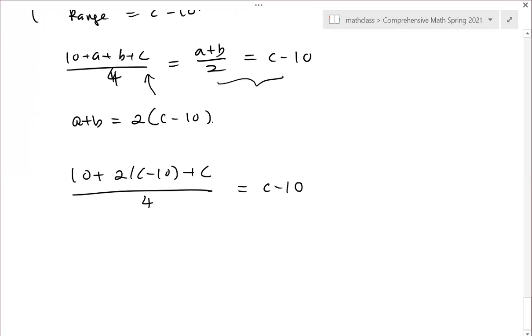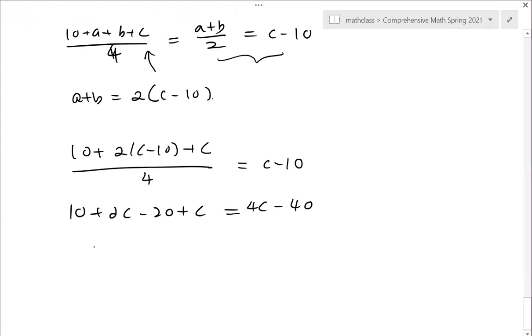Then you solve this equation. You have 2 equations but 3 unknowns. But A plus B you can view as one variable, so actually two unknowns. Then you have 10 plus 2C minus 20 plus C equals 4 times C minus 10, which is 4C minus 40.